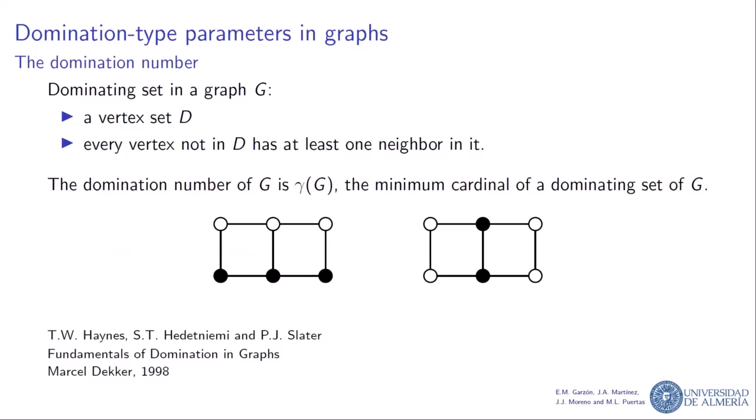On the left, the set of black vertices is a dominating set with 3 vertices, and it is not minimum because on the right you have another example, again the set of black vertices, which is also a dominating set in the same graph, and it has 2 vertices. In this case, it is a minimum dominating set, and the domination number of this graph is equal to 2. You can see here a general reference about this topic in graphs.